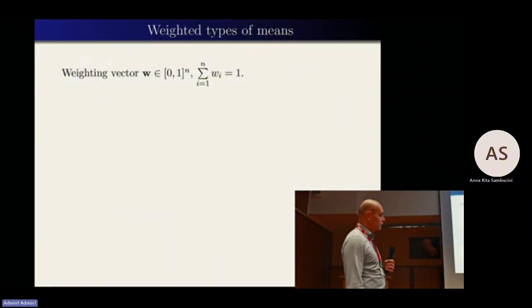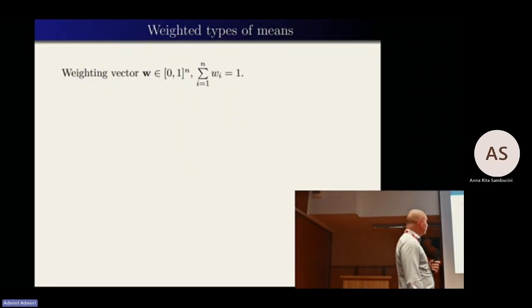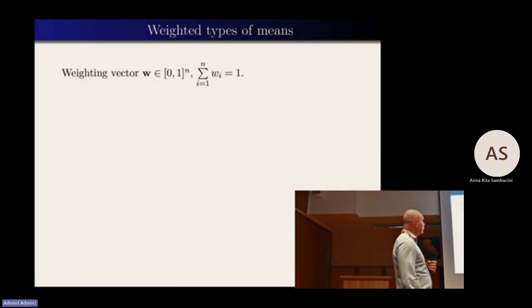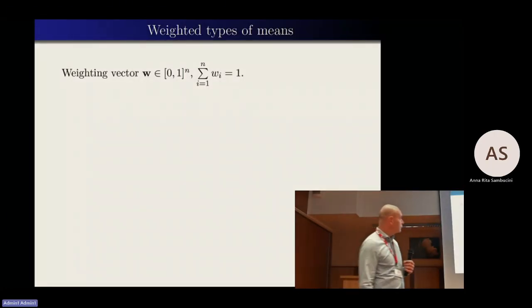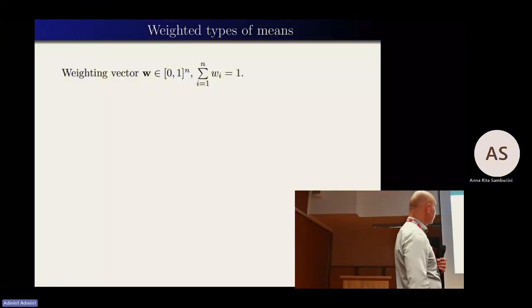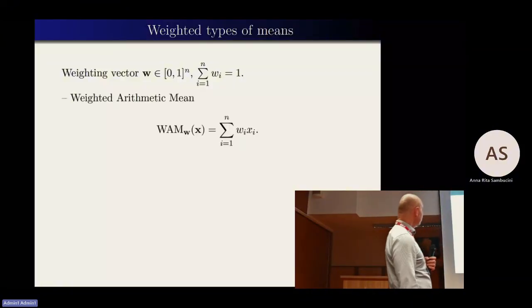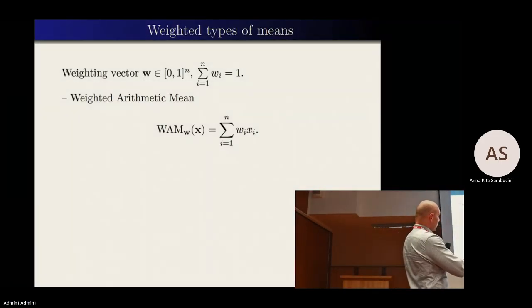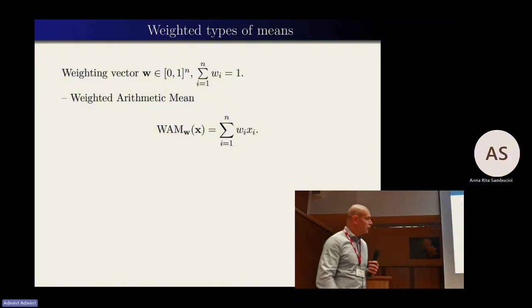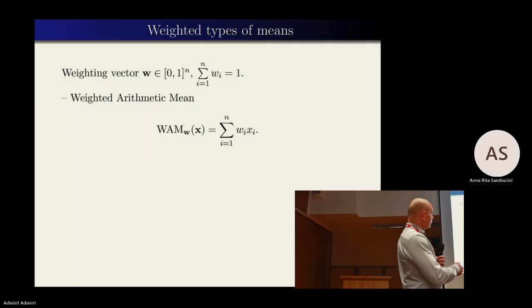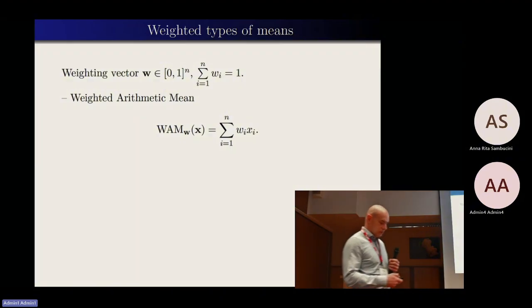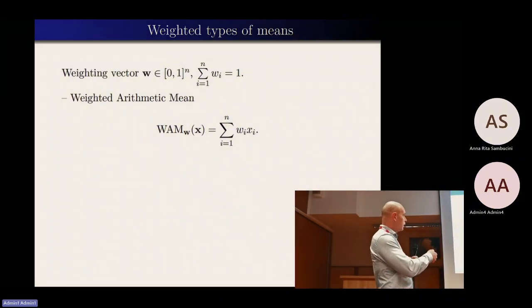Another type of means are the so-called weighted means, and they are defined using some vector which has n indexes in the sum which are equal to 1. And the weighted arithmetic mean is defined in this way, that each input x is weighted by the appropriate weight, and the corresponding result is the sum of these products.